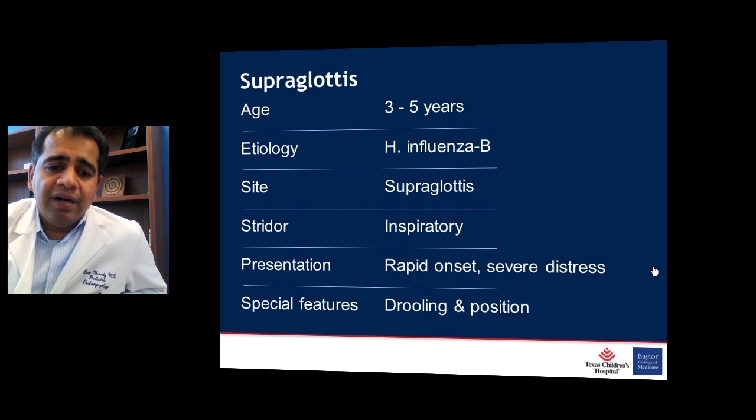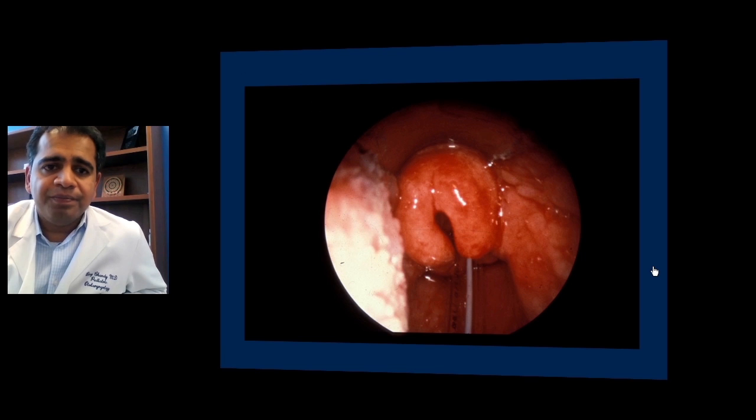And typically, kids present with drooling because it's too painful to swallow their own saliva. They're in a tripod position in order to extend their neck and get more air entry. Luckily, this is extremely rare these days due to the new vaccination series against H flu.